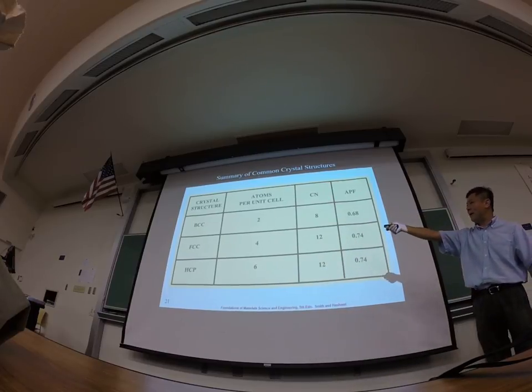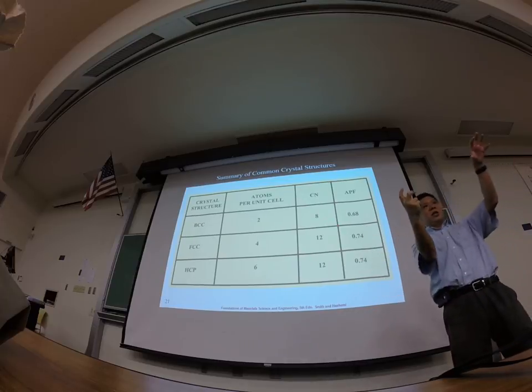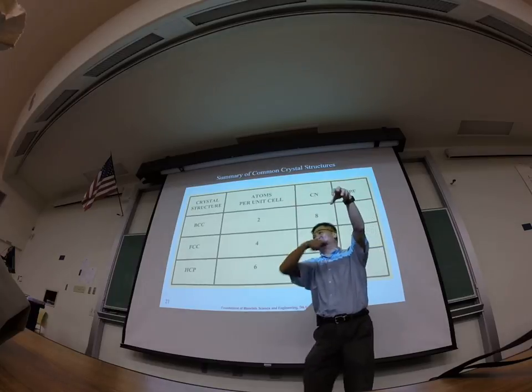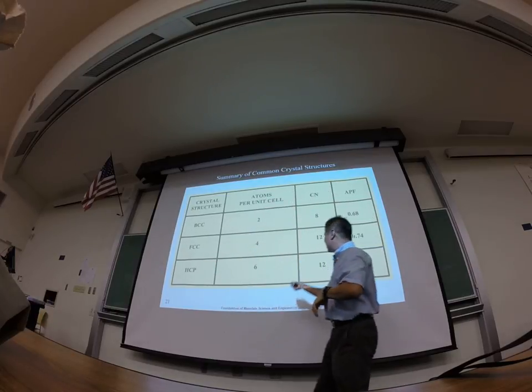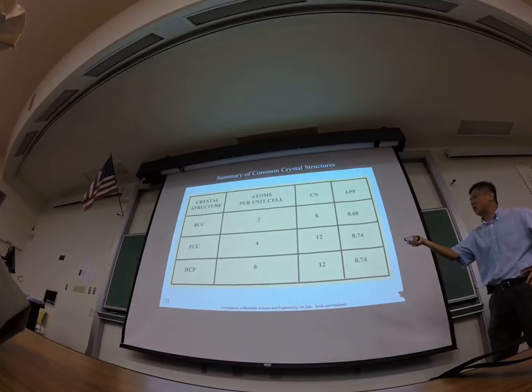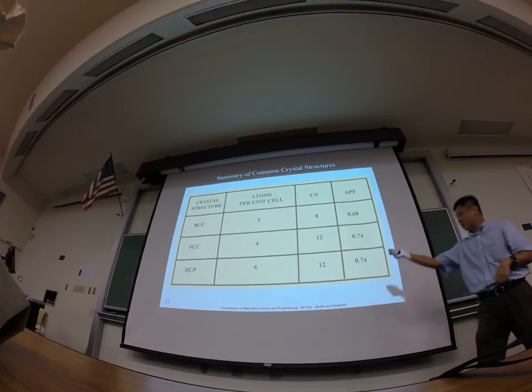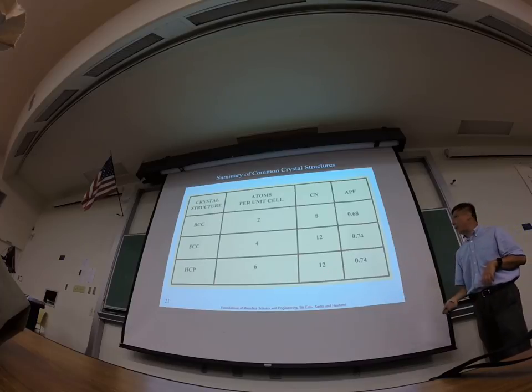Coordination number, we talk about the BCC 8, center 1, actually the neighbors, you have just 8 corner atoms, so that one has 8. FCC is even, 6 surrounding, 3 top, 3 bottom, that's 12. HCP also 12, okay?